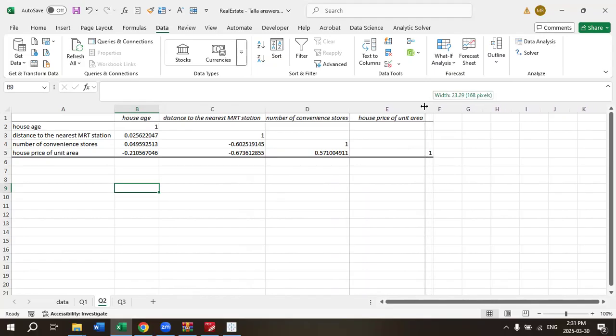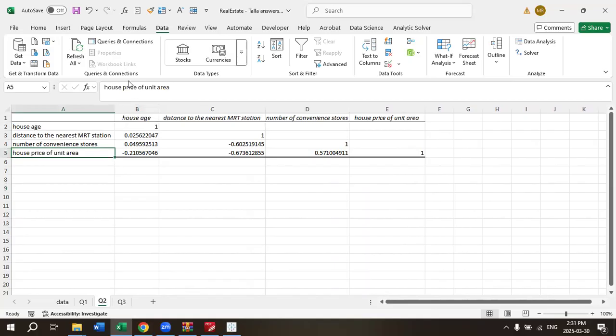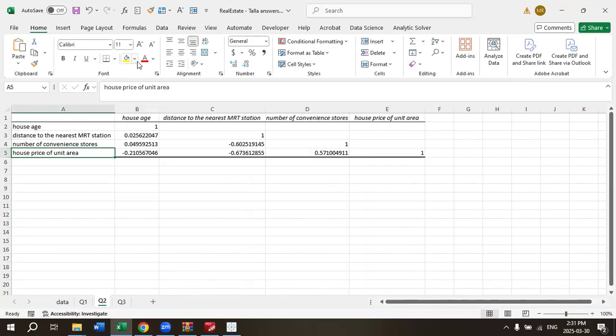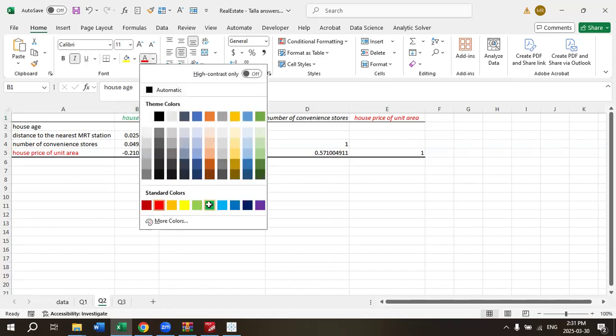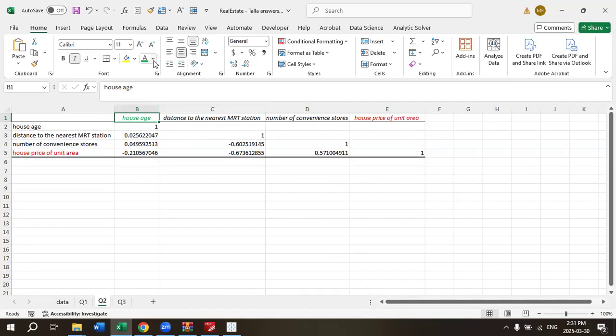Now you can see the relationship of house age with respect to the dependent variable. That's the dependent variable. The age is an independent variable. All three are independent variables, x1, x2, x3, and this is y.